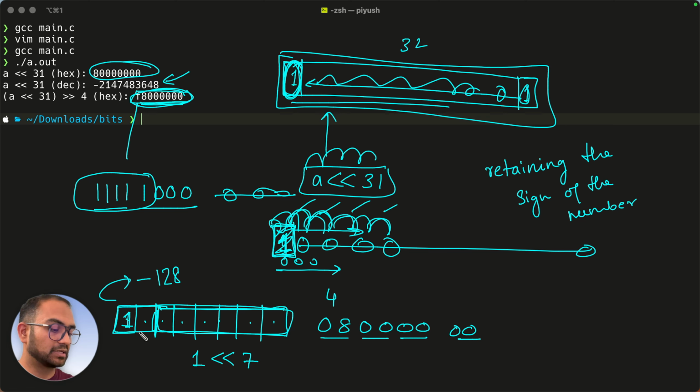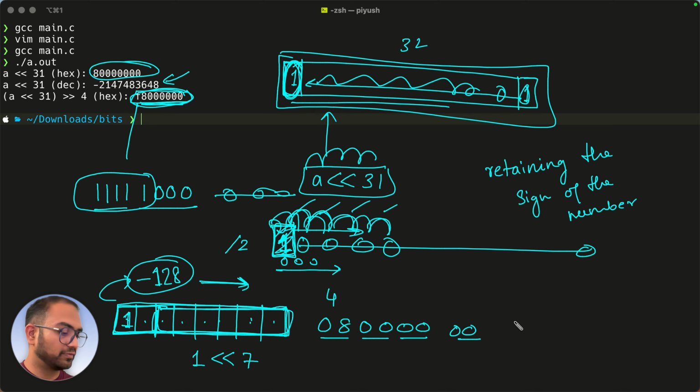Why? Because an 8-bit number, which is signed, a character, for example, the least value it can have is minus 128. Now, when I move it to the right by 1, we would expect that this number, minus 128, if we move things to the right, we divide them by 2.